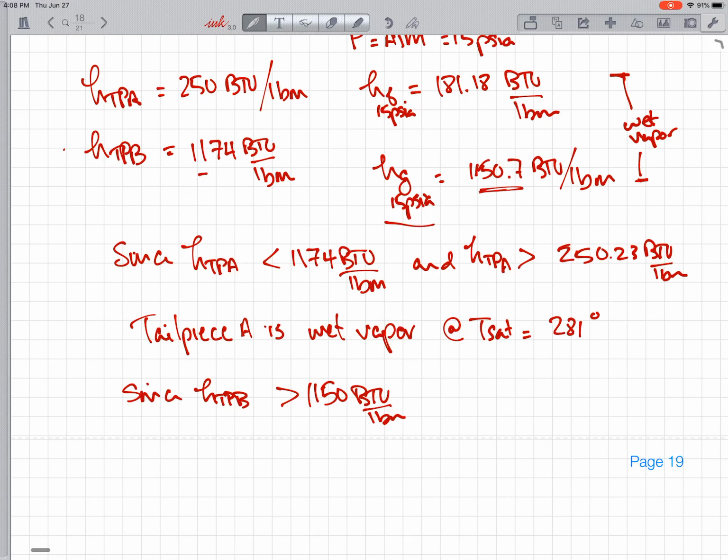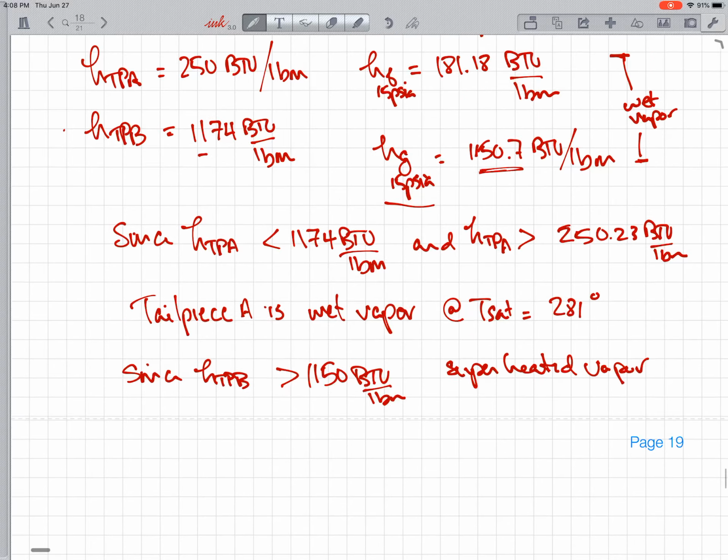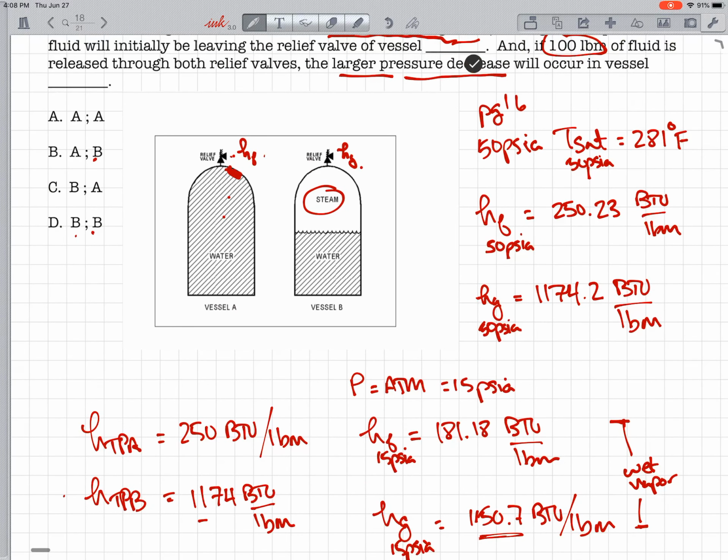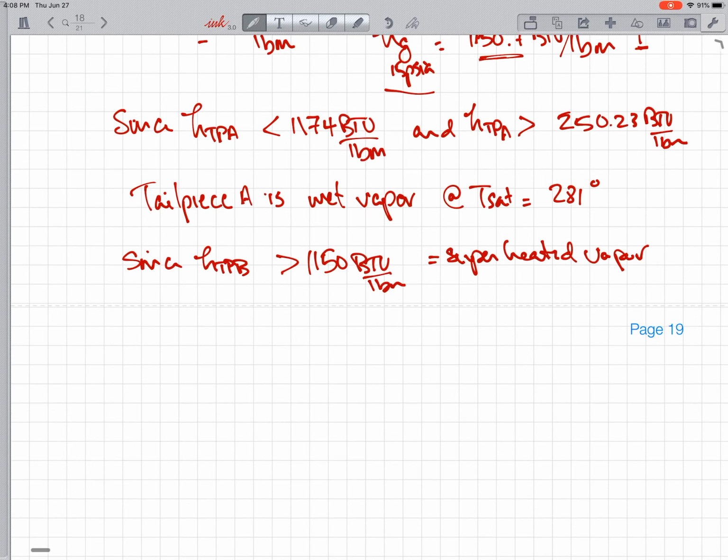Superheated vapor, that's what we got. Alright, so there's wet vapor coming out here, and then there's superheated vapor coming out here. So it's definitely going to be hotter. So temperature at tailpiece on B tank is hotter.